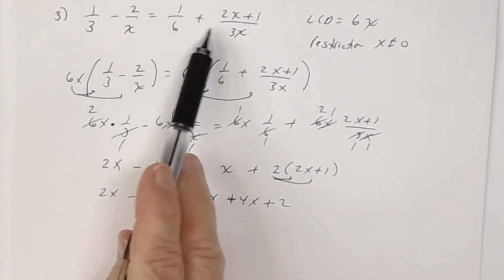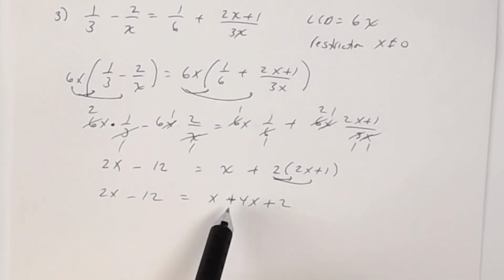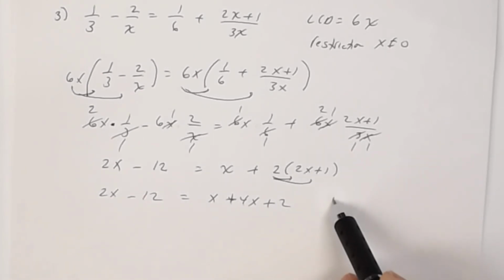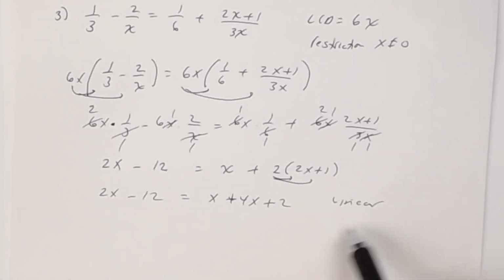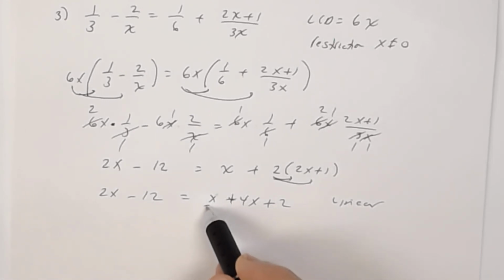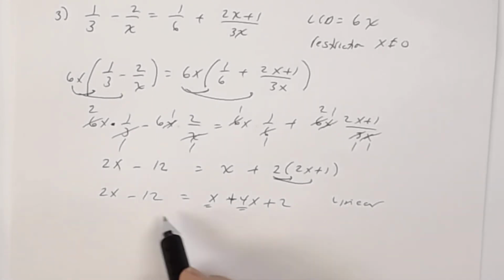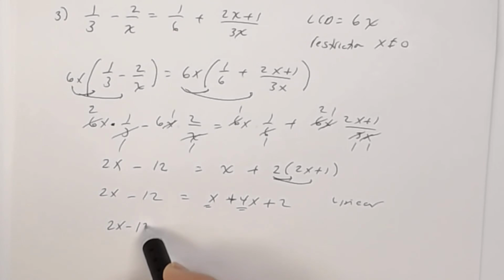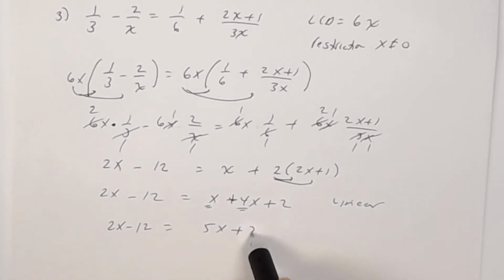I went from a rational equation to a linear equation. To solve a linear equation, we eventually bring all variables to one side, constants to the other. But before I do that, let's combine like terms on this side. So 1x plus 4x is 5x. So I get 2x minus 12 equals 5x plus 2.